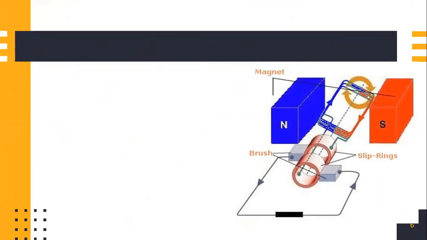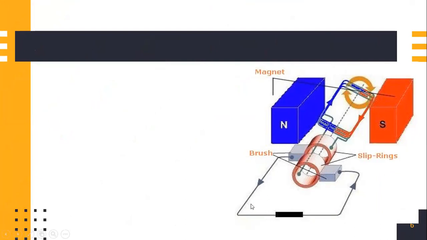Another look at the AC generator. There is more than one coil; this is a bunch of coils. These are the brushes, carbon brushes, slip rings. These are the magnets, and this is the load. Load means where you use the induced EMF or induced current.